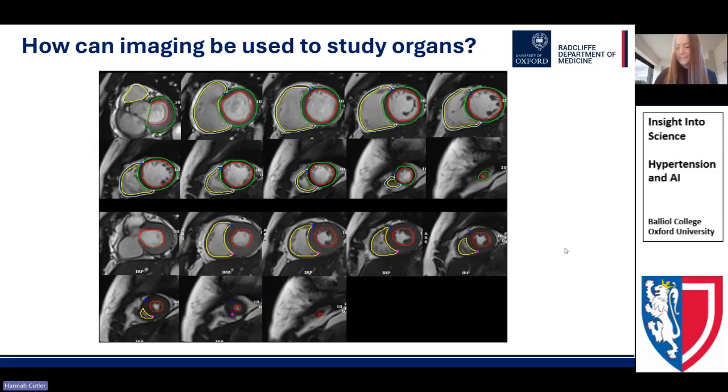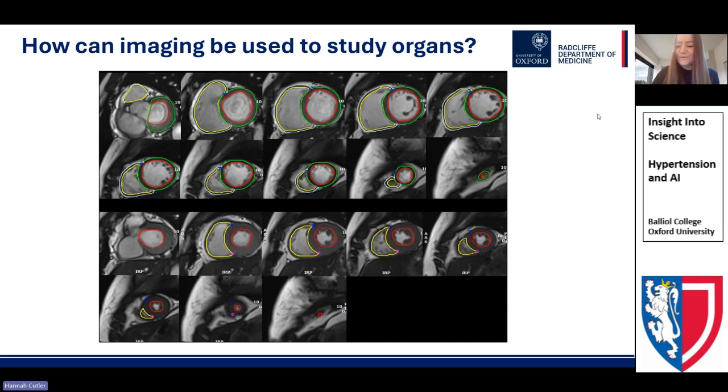Okay, someone suggested the eye. It's not the eye, not the liver. Okay, nope, it's not the kidney, not the brain, not the pancreas.